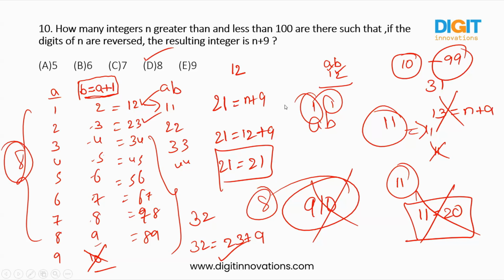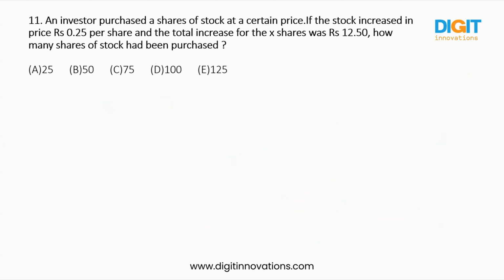So an investor purchases shares of stock at a certain price. If the stock increased in price by rupees 0.25 per share, and the total increase for the X shares was rupees 12.50, how many shares of stock had been purchased?